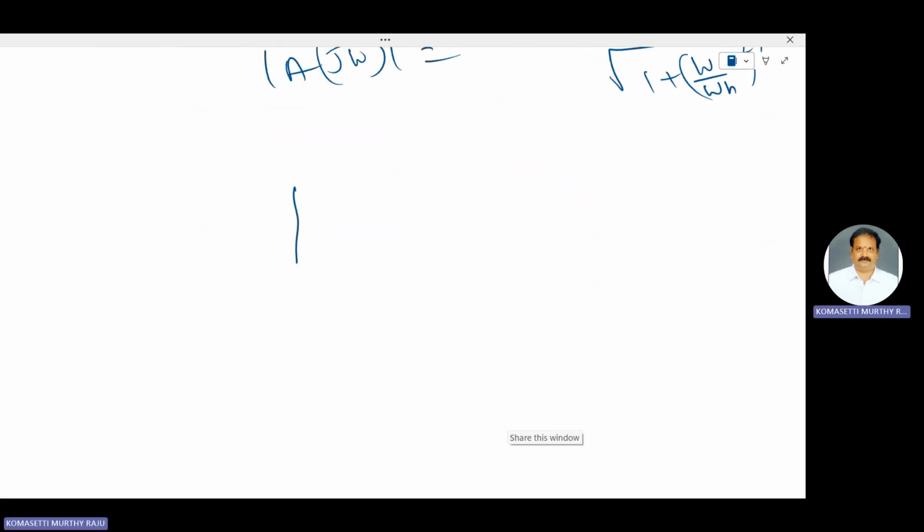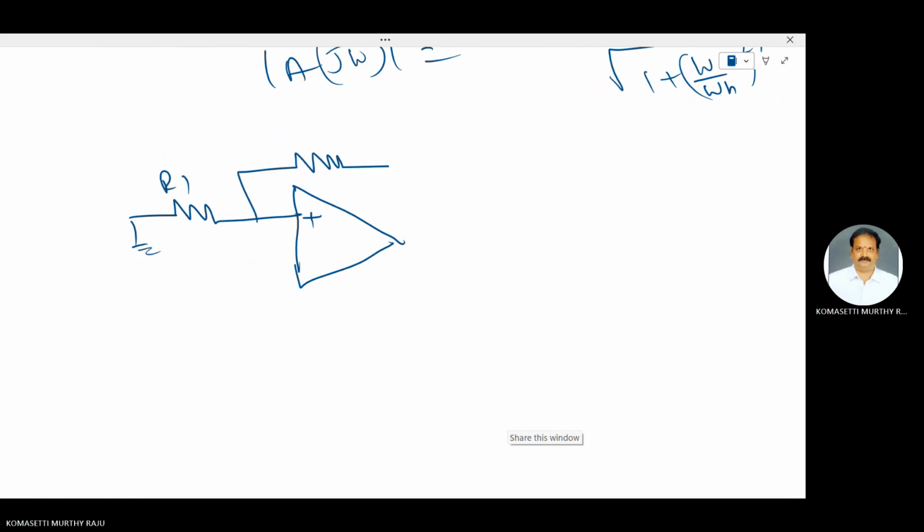Final designed circuit is this one. Minus, R1, RF, RL, V0.